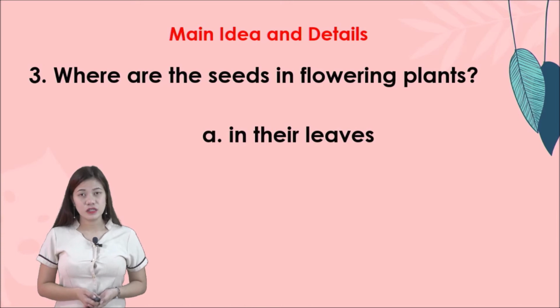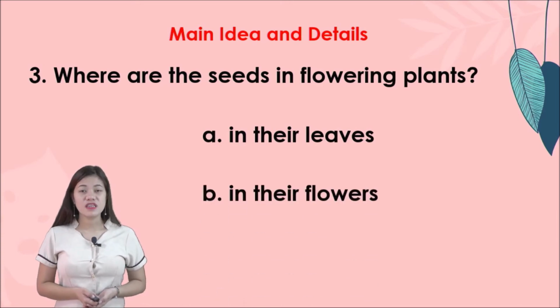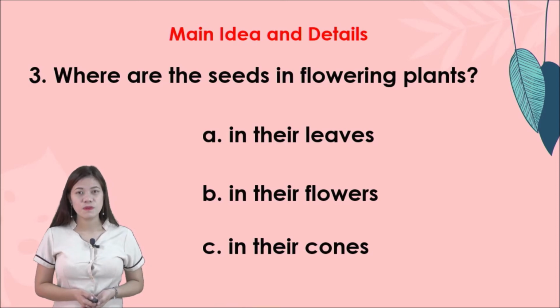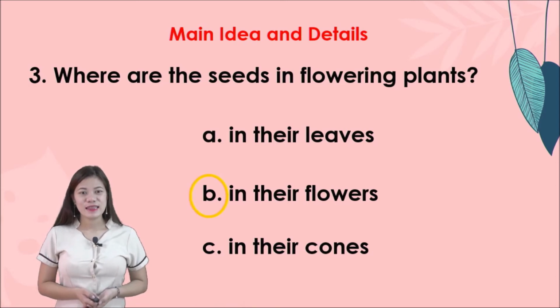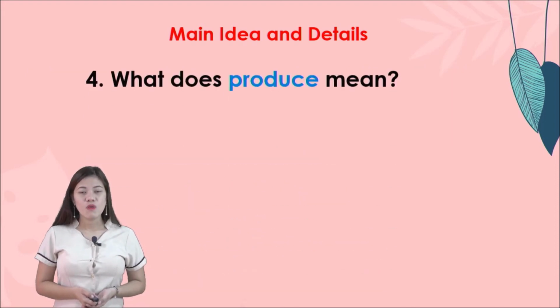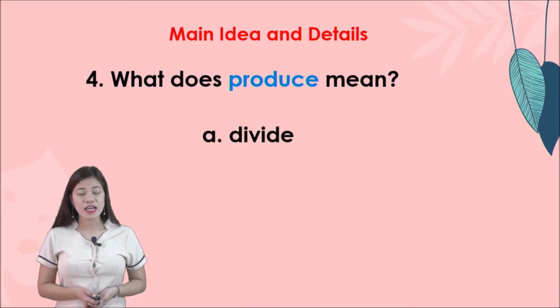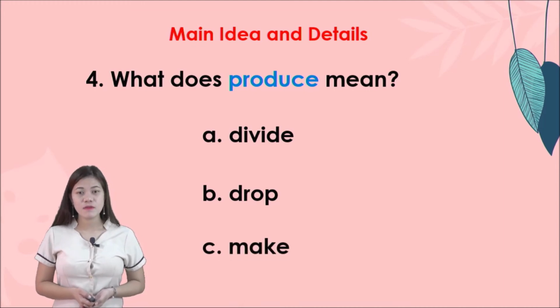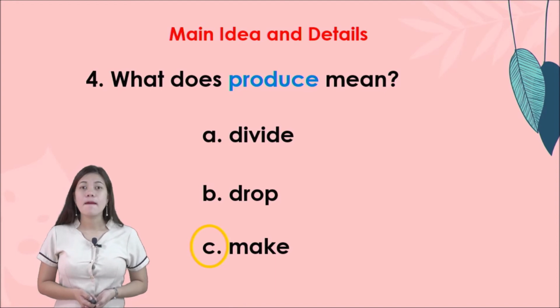A. In their leaves. B. In their flowers. Or letter C. In their cones. The answer is letter B. In their flowers. Question number 4. What does produce mean? A. Divide. B. Drop. C. Make. The answer is letter C. Make.